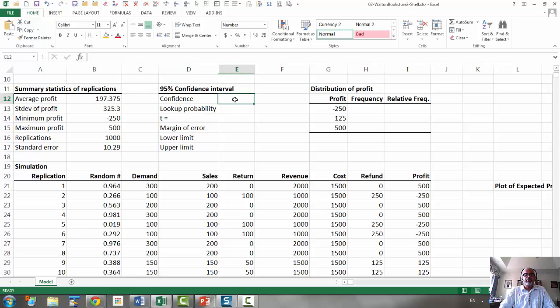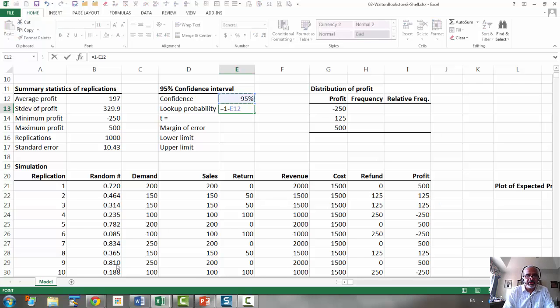Suppose we want a 95% confidence interval, so we put 95% there. Then the lookup probability. Remember our normal distribution function, the NORM.INV function that gives us the table value, uses the cumulative probability. So we have to adjust this 95% to a lookup value, and that lookup value is 1 minus alpha.